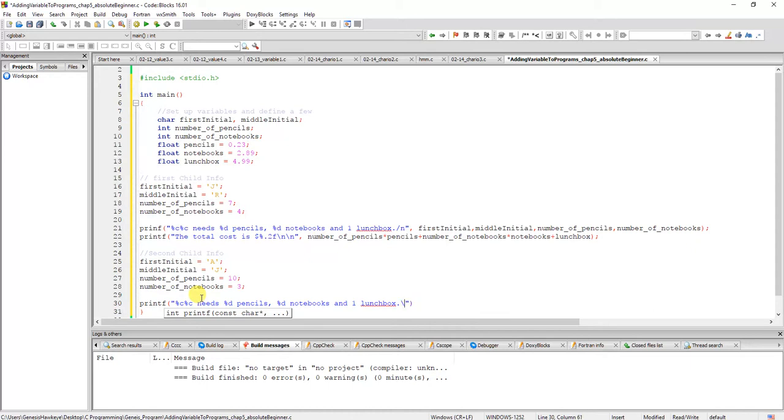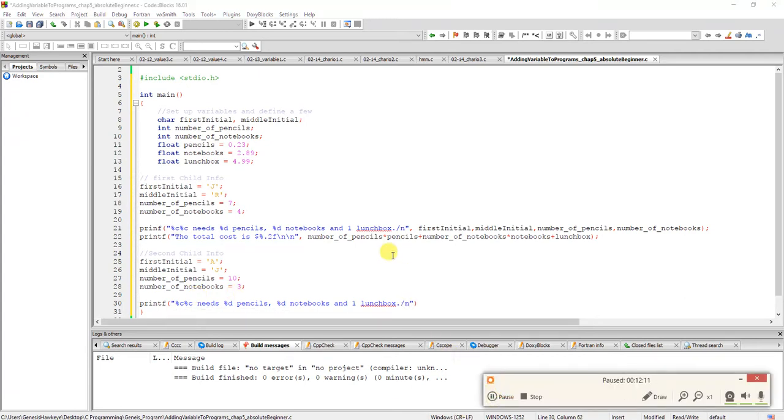And let's do the same thing here. Oops. It looks like I messed up here. I had a forward slash instead of a backslash. There we go, backslash n.